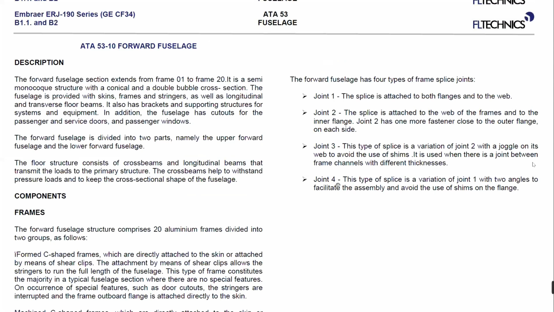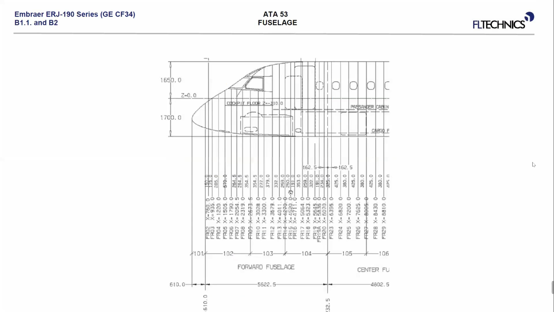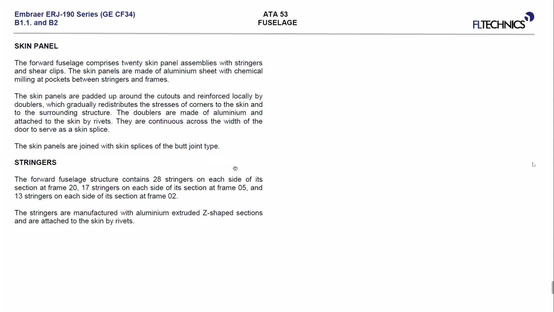Number 3 and number 4 are with different splices, and number 1 and number 2 have this direct attachment with both flanges, which are attaching to the web. These splice joints are actually making different sections come together.